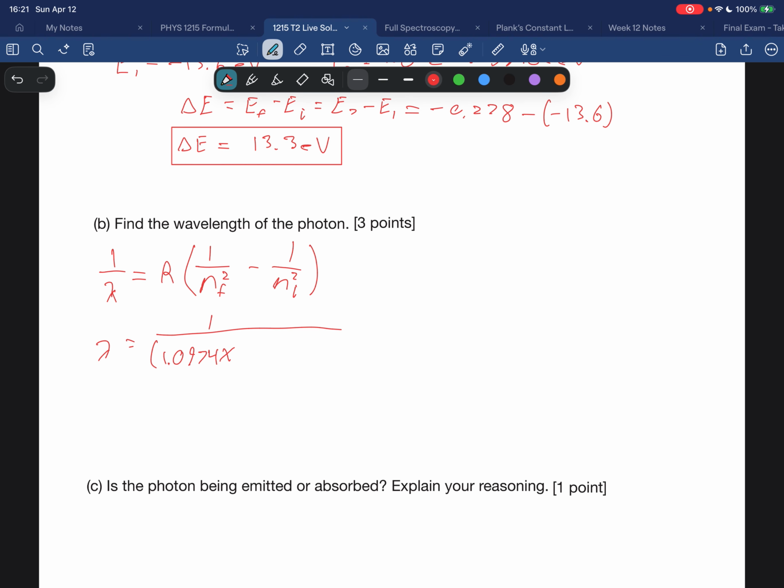This here is my constant for the capital letter R there. And my two fractions with n's already squared and a little bit simplified. This gives me about negative 93 times 10 to the negative 9 meters, or lambda equals 93 nanometers.